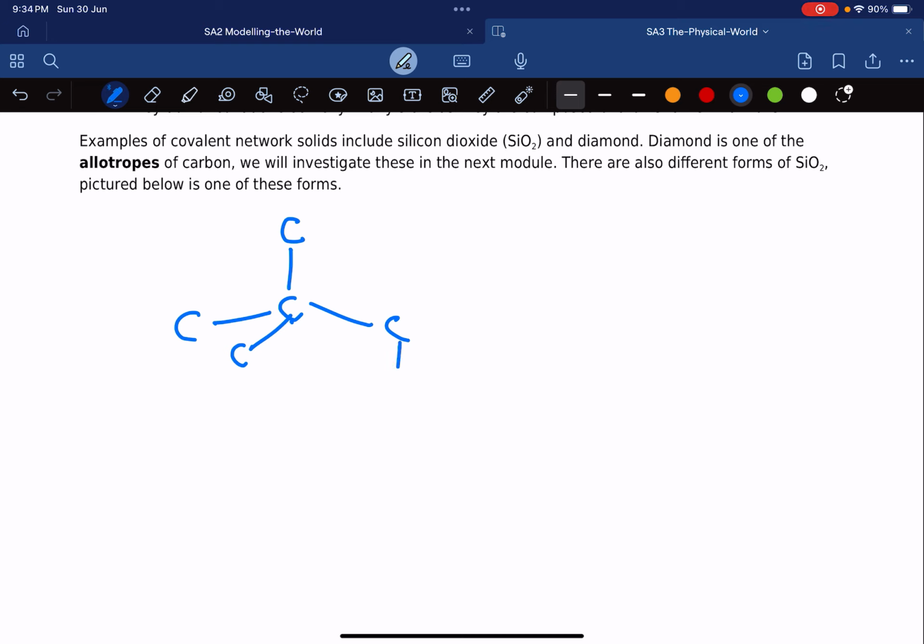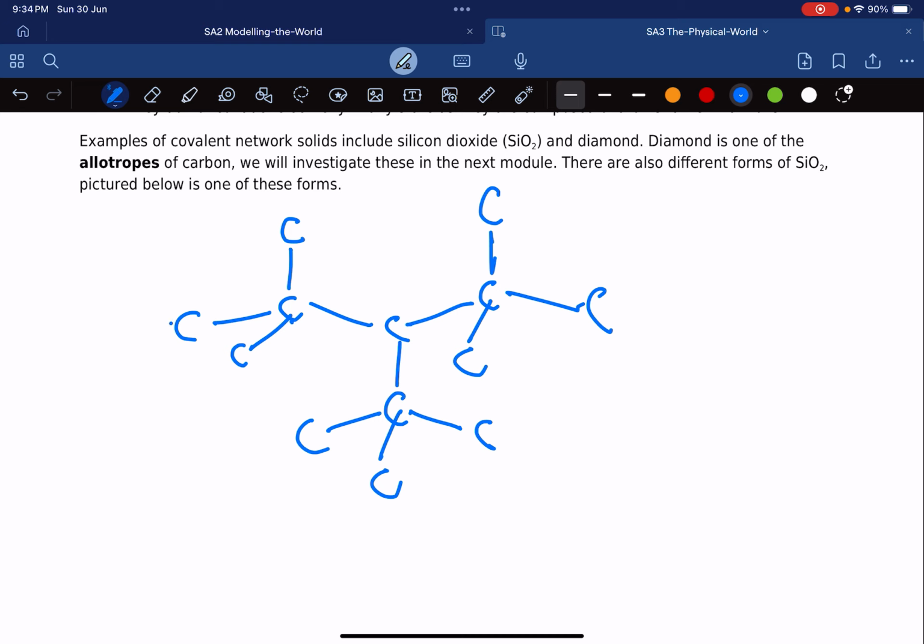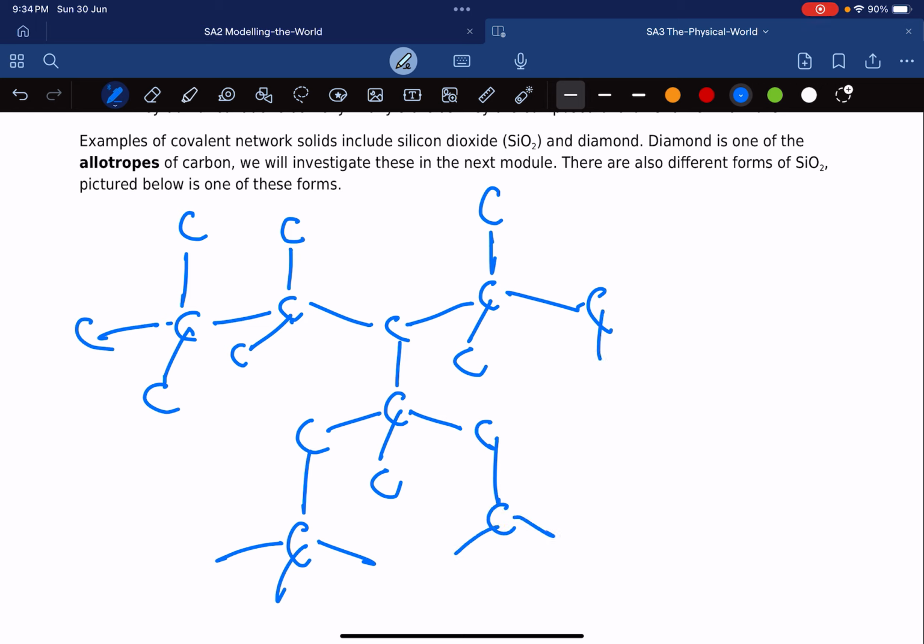And in return, this carbon is then attached to another 4 carbon atoms, which were then attached to another 4 carbon atoms. And then it just goes on and on and on. This structure just goes on and on. Okay, it's non-stop. So every carbon atom is bonded to other carbon atoms via very strong covalent bonds.